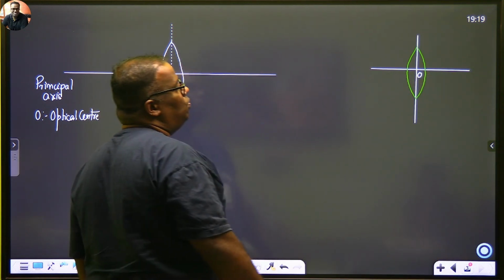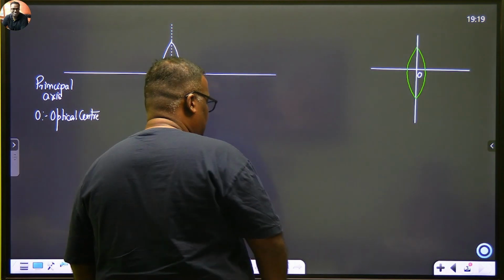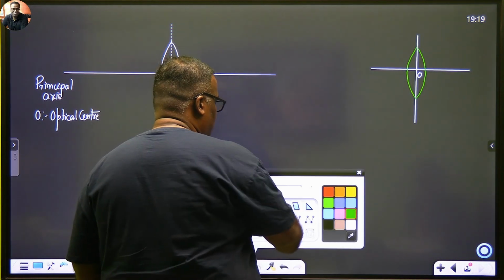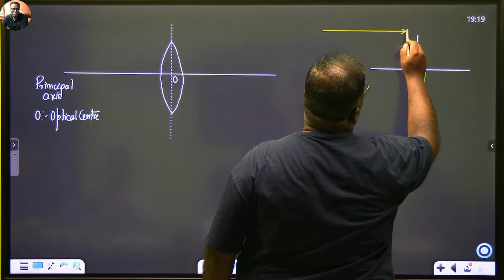Sorry, pole we say for mirror. Whenever we make any ray diagram, the usual convention is that the rays will always travel from left hand side to right hand side.